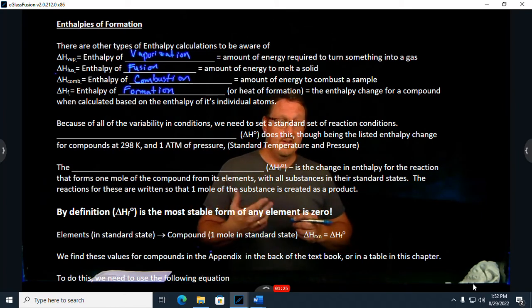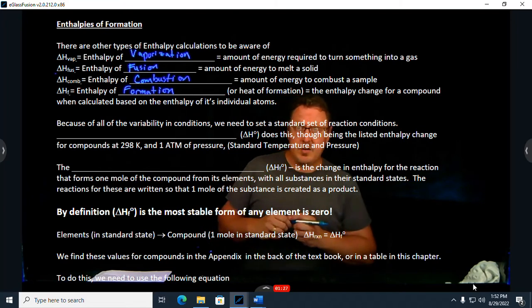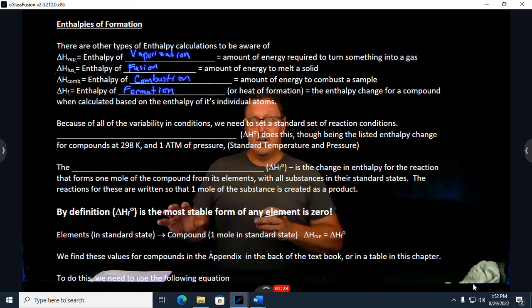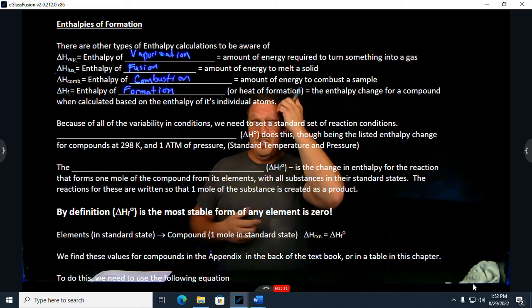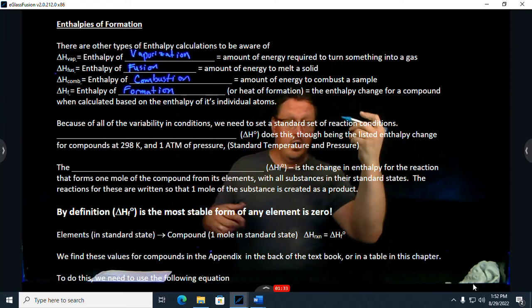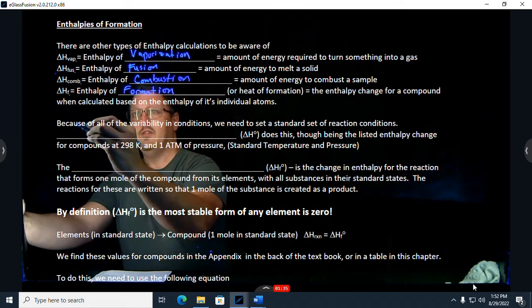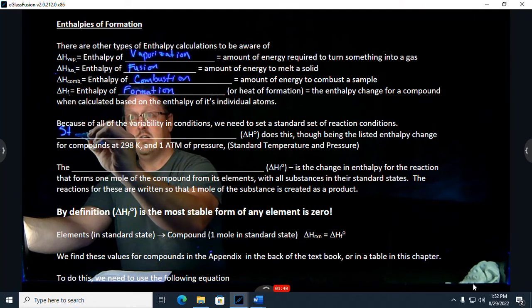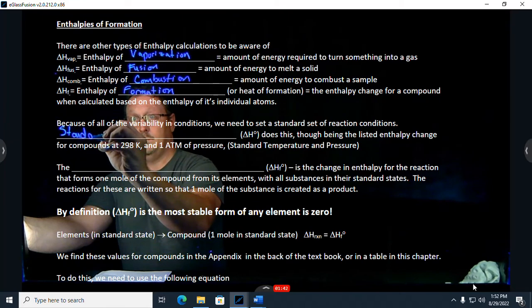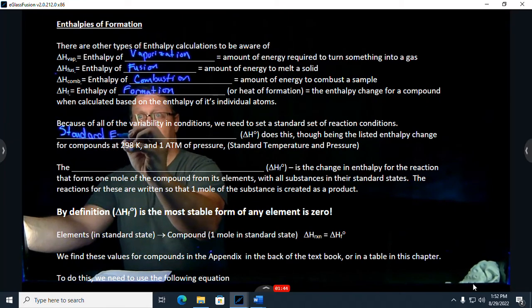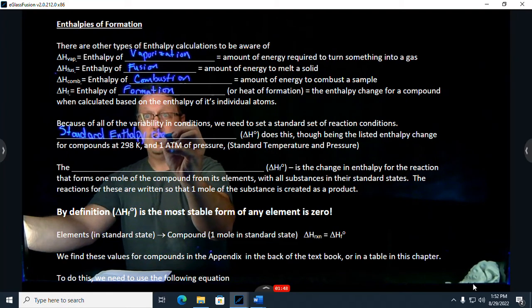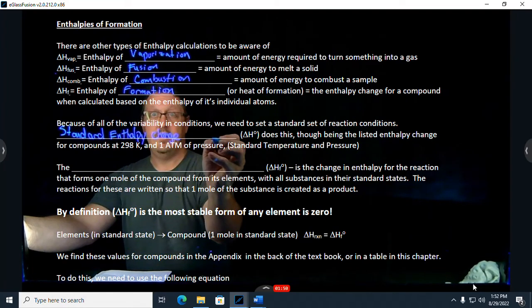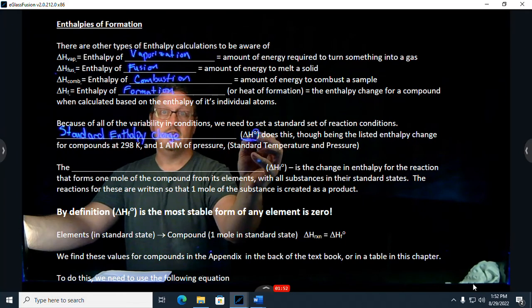So let me show you what that means. Because of all the variability in the conditions, chemists realized that we needed to set a standard set of reaction conditions. And so when we did that, they came up with the standard enthalpy change. And that is the delta H with the little degree sign.